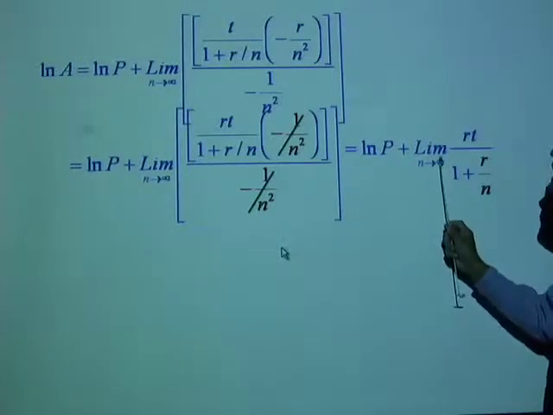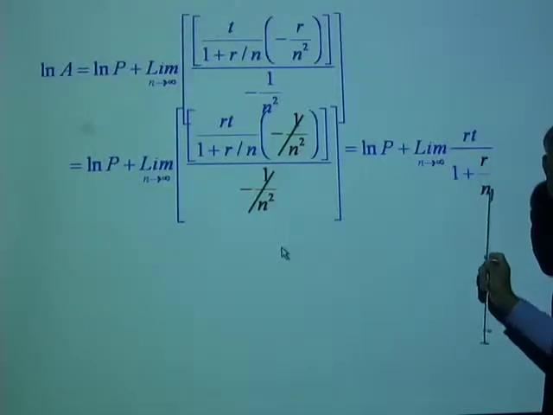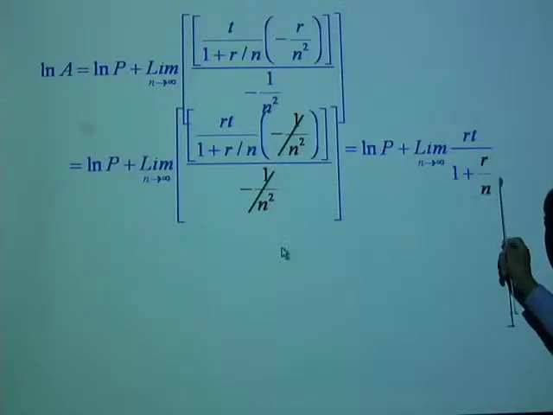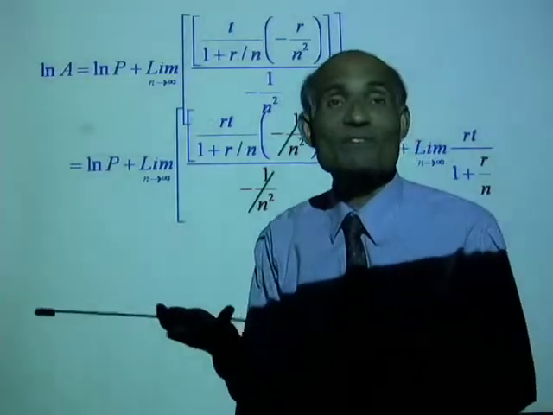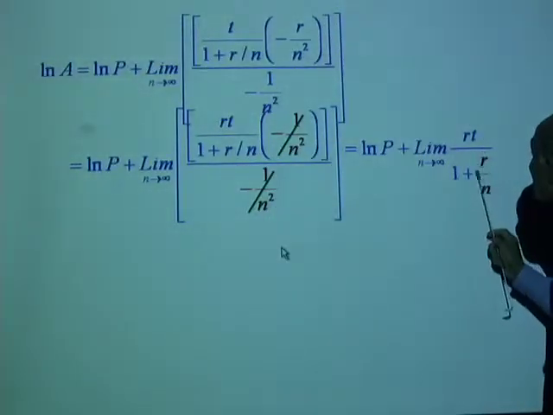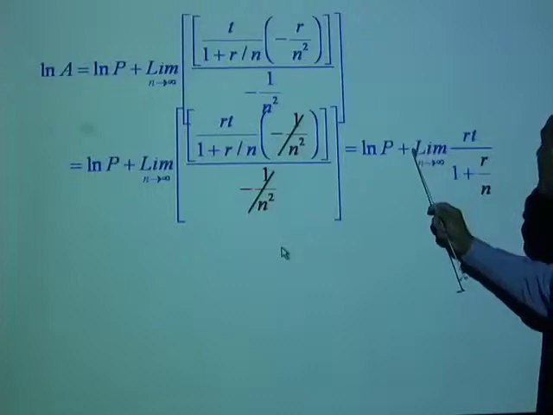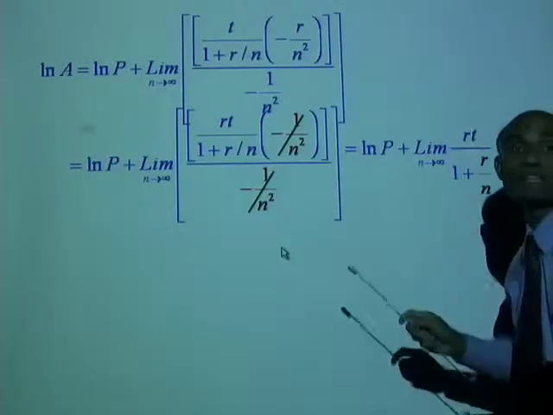Now if you replace n by infinity, what is r over infinity? When infinity comes on the denominator, the value becomes 0. So when you replace n by infinity, this will become 0. Therefore, the limiting value of this will be rt.